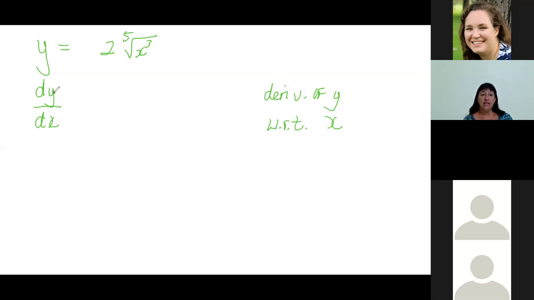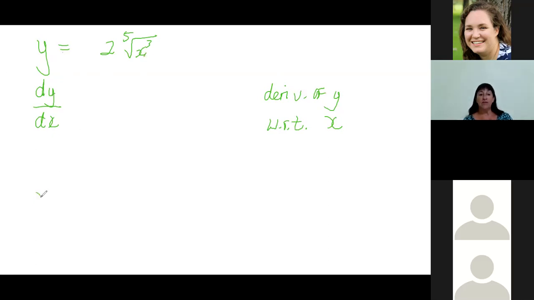It means that the original must be in the form y equals, which so far all of them that I've done with you have been. So you're taking the derivative of y, and with respect to x means that the variable is x.